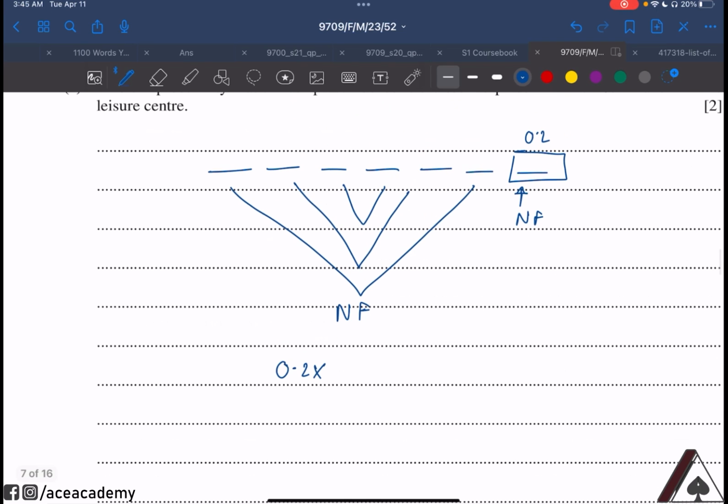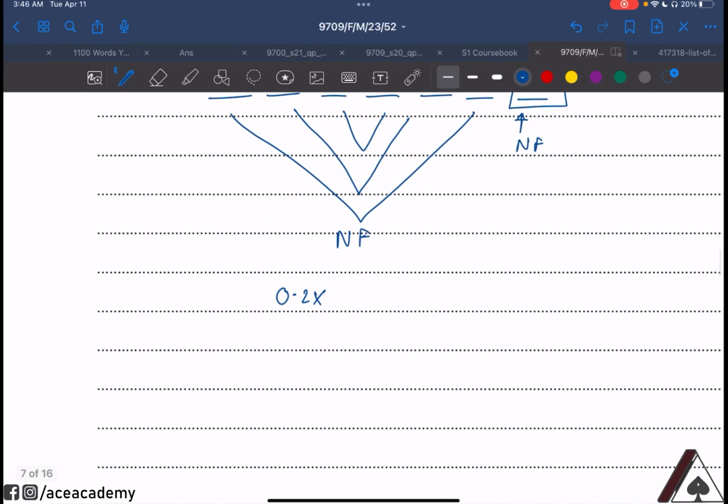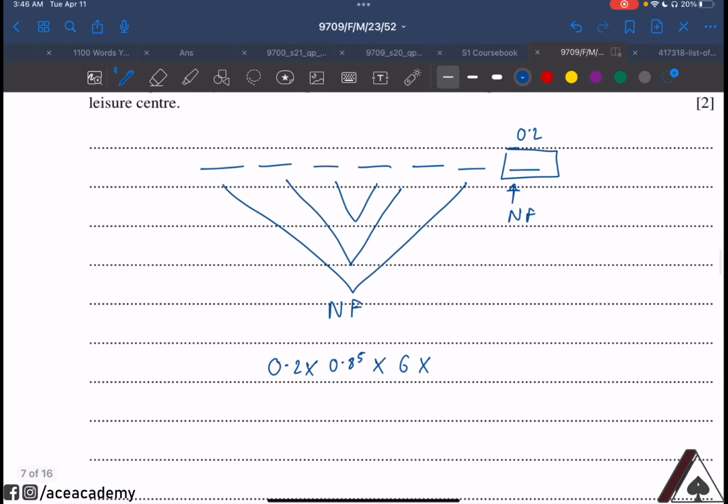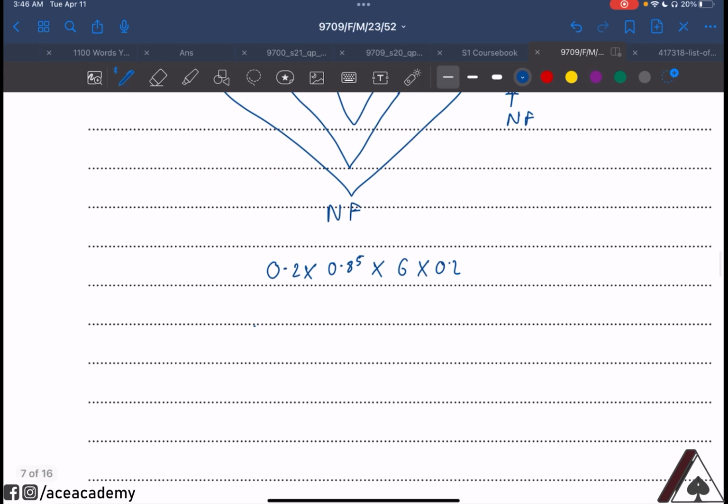So 0.2 into 6 positions, 0.8 to the power 5 into 6 into 0.2, which will give us 0.0786432.